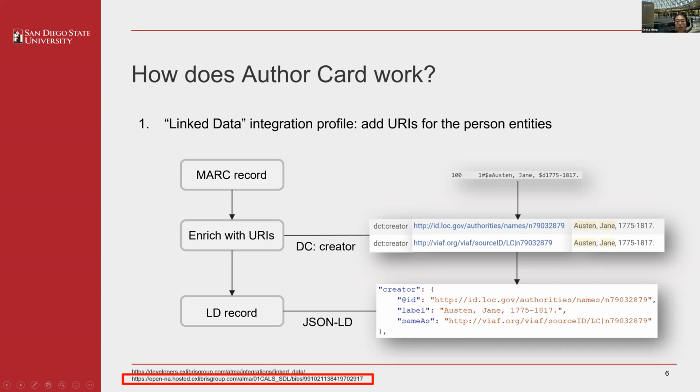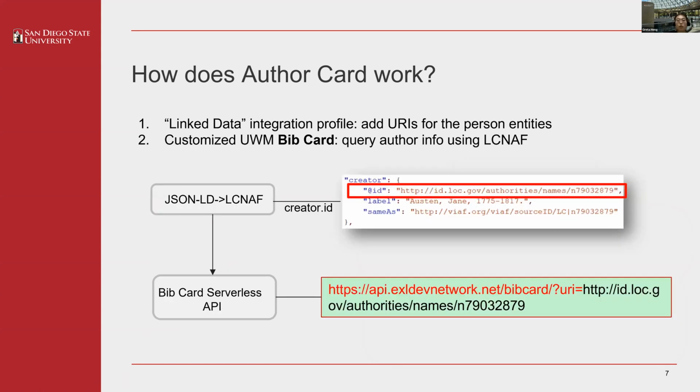The next step is to use the URIs to get the author's information from the web. Libris uses a tool developed by University of Wisconsin-Madison. And actually, the whole idea of this author card was originally from Wisconsin-Madison's bib card, which we will talk about later.